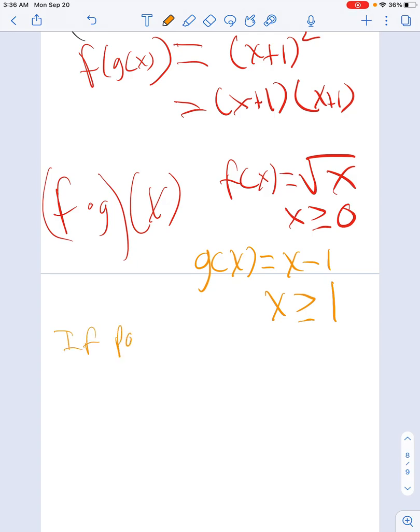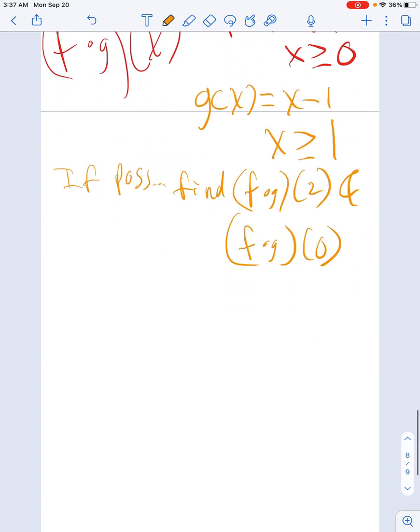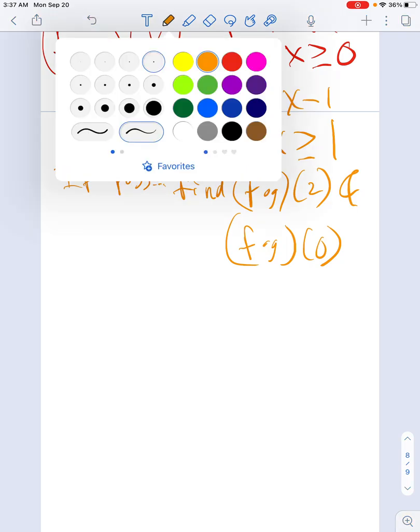If possible, find f of g of 2 and f of g of 0. f of g of 2 is first, so let's start with that one.